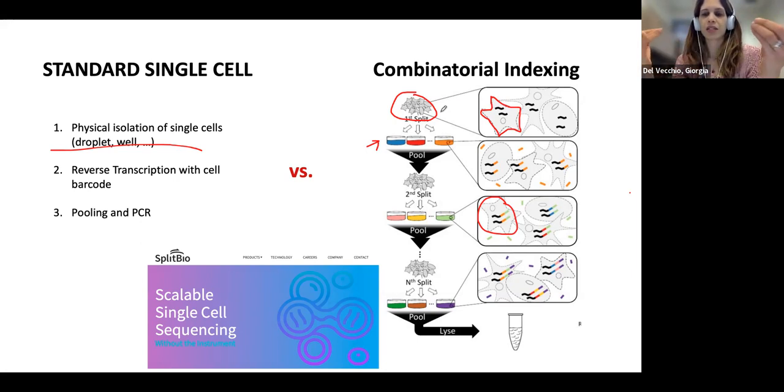But the barcodes are good for hundreds of experiments, and it's nothing compared to buying a 10x instrument or BD instrument. So it's relatively cheaper than buying an instrument.